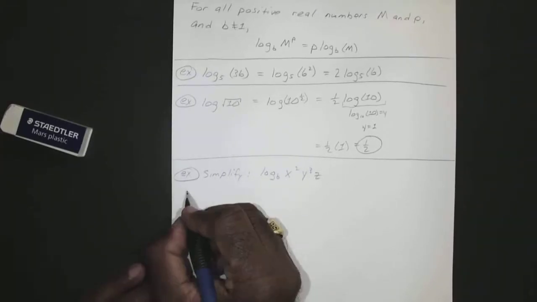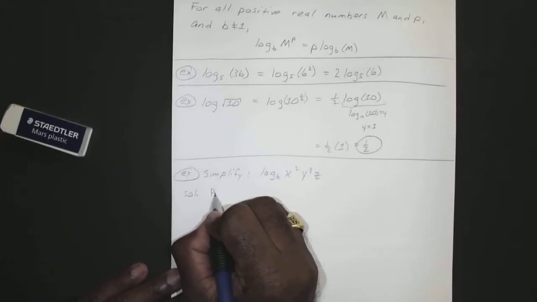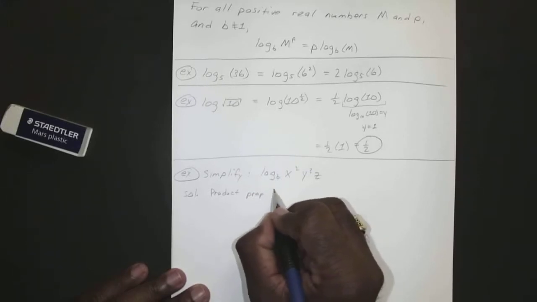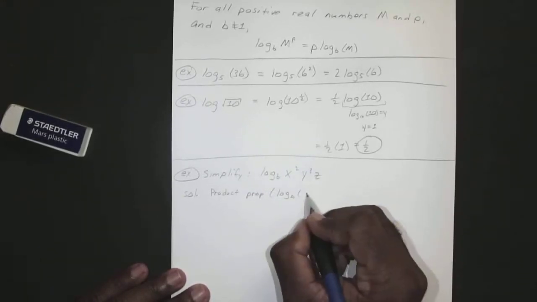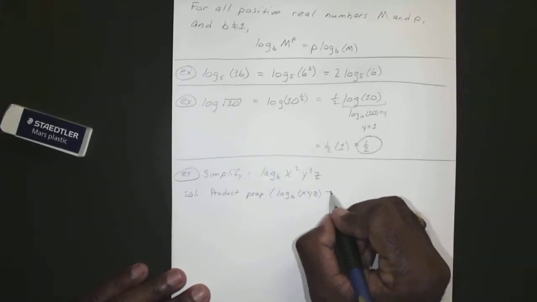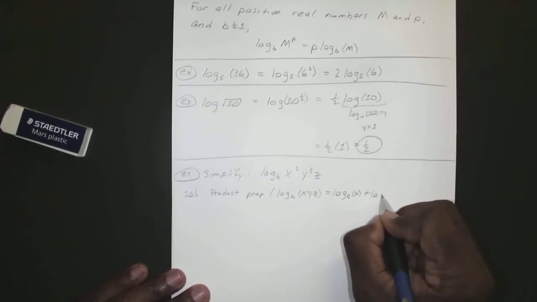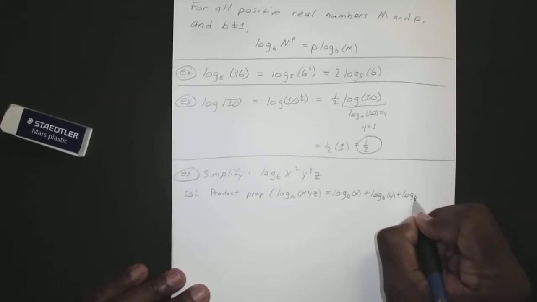Okay, so we know already just from the product property that log base b of, let's say, x, y, and z in this case, is going to equal log base b of x plus log base b of y plus log base b of z.